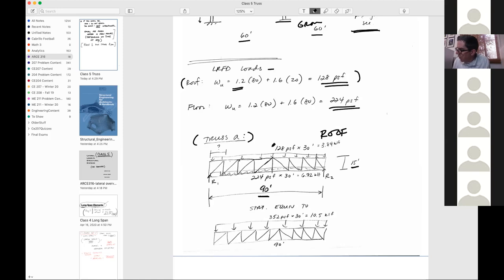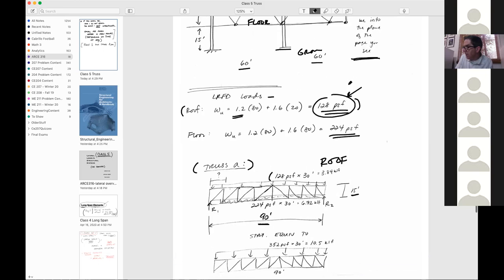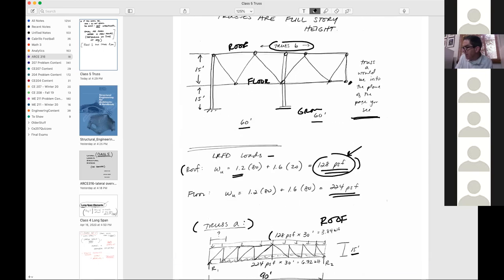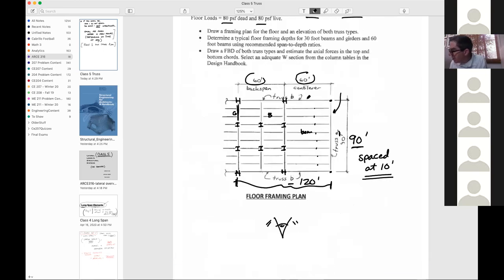So we've got a roof load. And so that roof load is going to come from the 128 pounds per square foot. And then we need to multiply by the tributary width. So I'm going to go back to the floor plan. And I'm going to give a little dash right here. And so there's the tributary area.